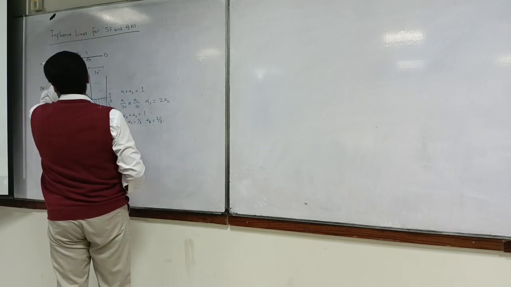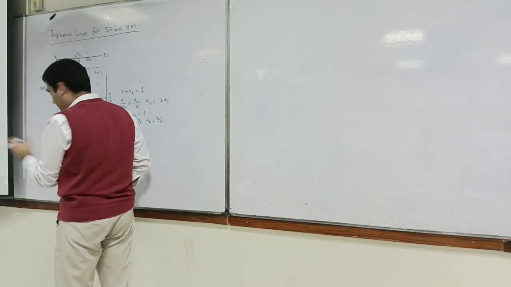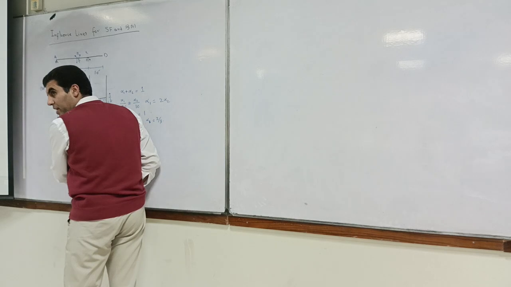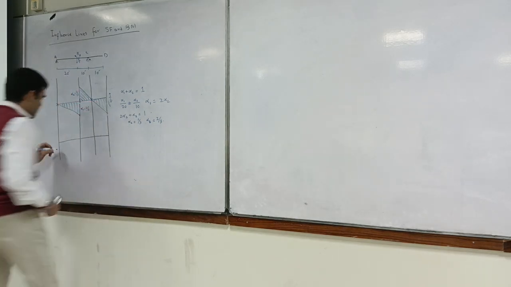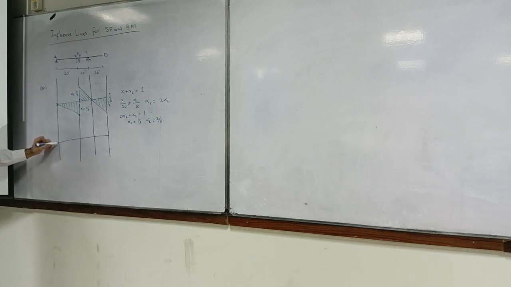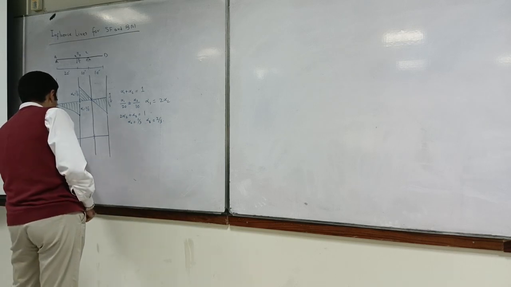I told you that if it's hogging, then we have positive, and we are assuming the positive is on this side. So first of all, let's establish where we will have zero moments. This one and this one, and this one.